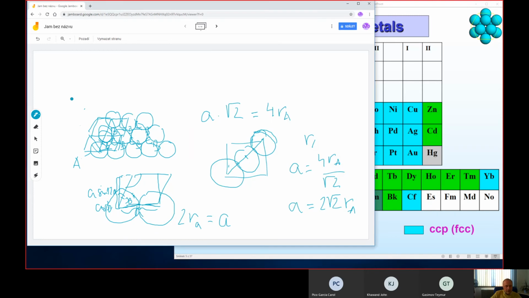So let's say an intermetallic compound which has the stoichiometry Cu-Au, the copper gold intermetallic structure with 1-to-1 arrangement.